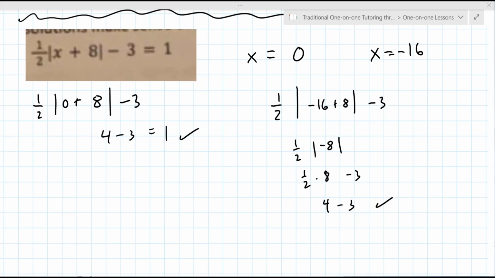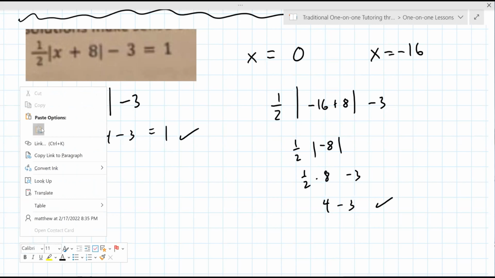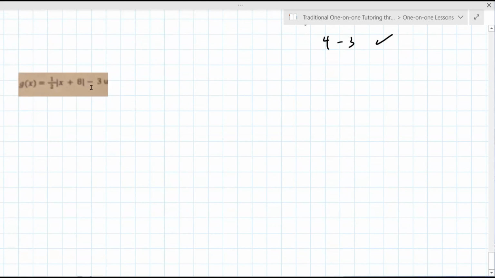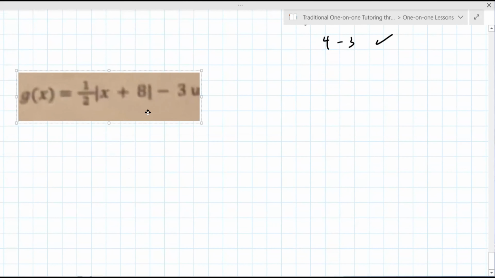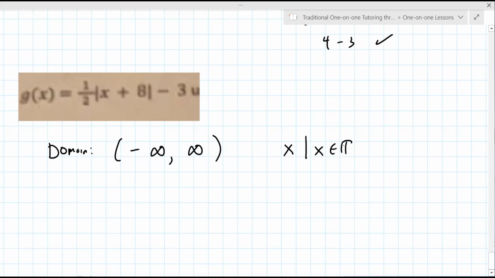Okay, so let's talk about domain and range. We have not talked about domain and range at all, but we can do it relatively quickly for this function. Here's the original function that we're given. The domain of these is always minus infinity to infinity, or x such that x is an element of the real numbers.